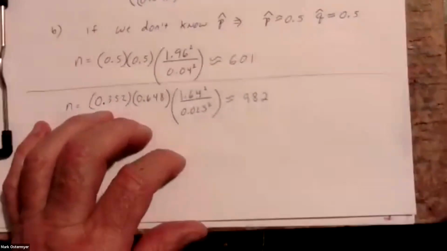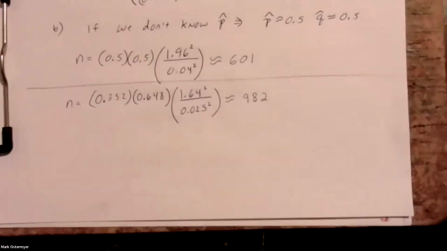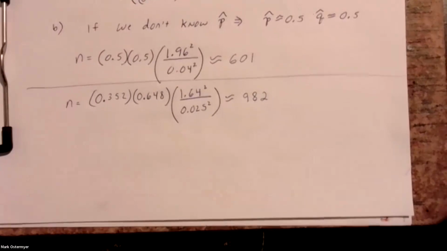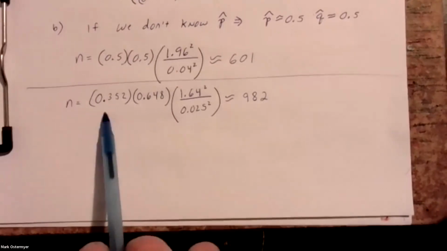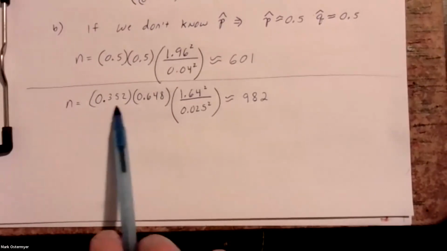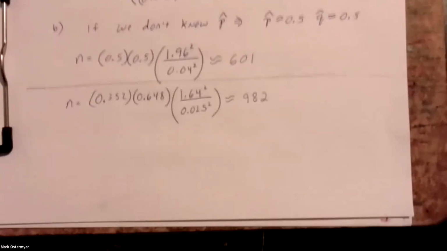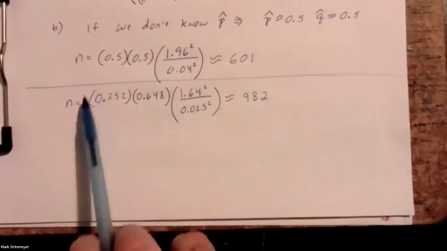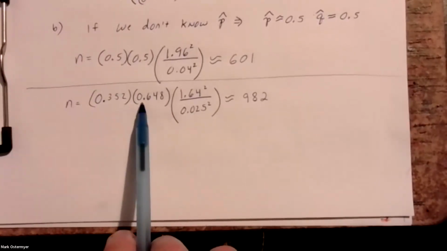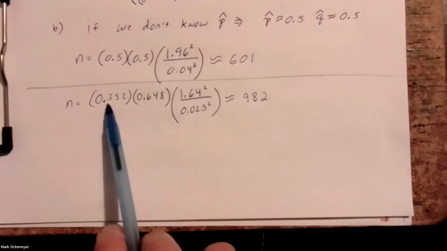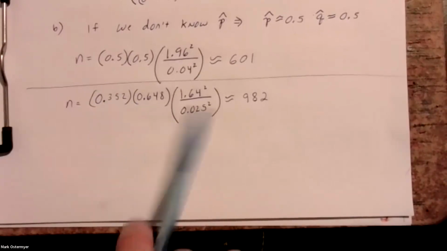All right, for number 19. According to the World Almanac, 35.2% of men ages 18 to 44 meet the US fitness guidelines. So I would probably use that as my P hat at 0.352 or 35.2%. Then Q hat is going to be 1 minus this, which is about 0.648.